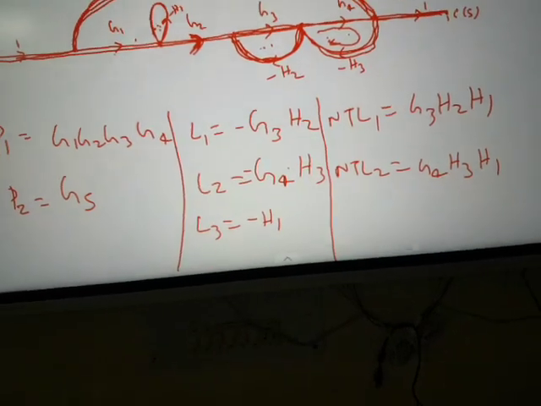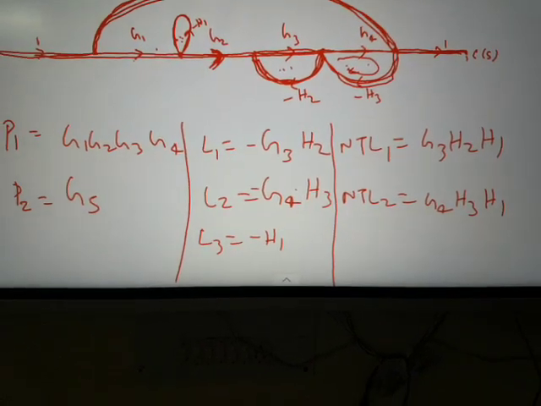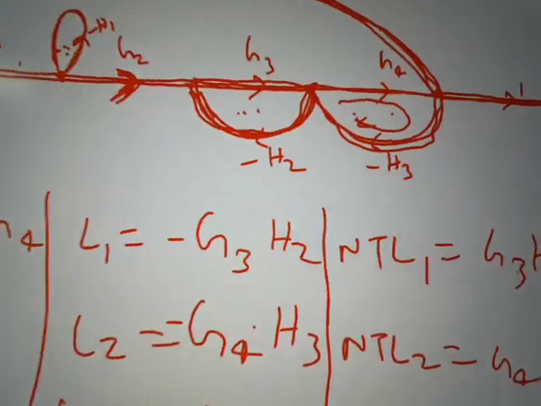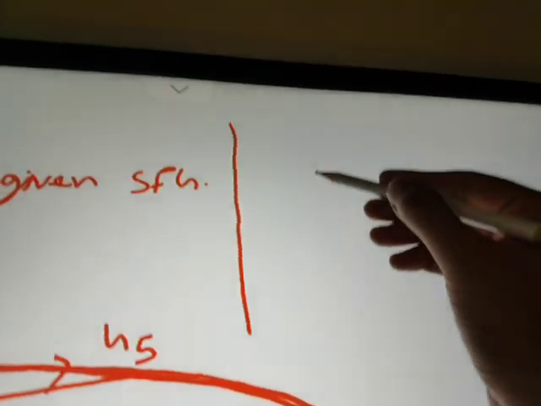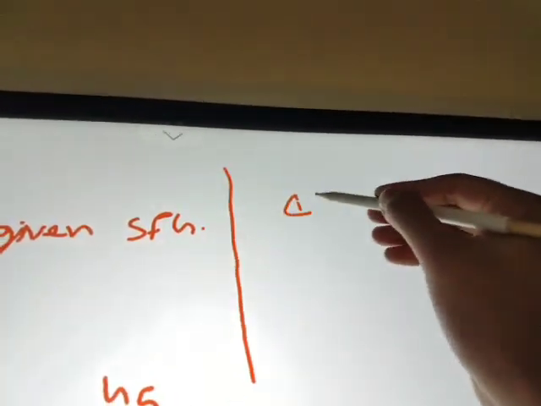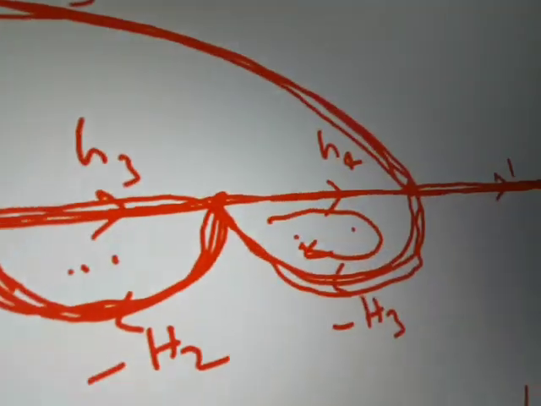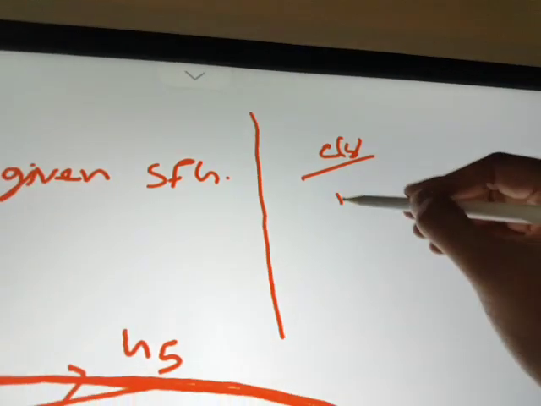Now we use Mason's gain formula. With the help of Mason's gain formula, we can easily find the transfer function. So what is Mason's gain formula? Mason's gain is C by R, so here C(s) by R(s).